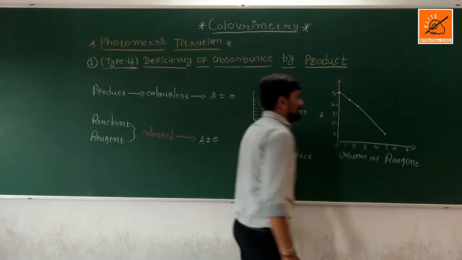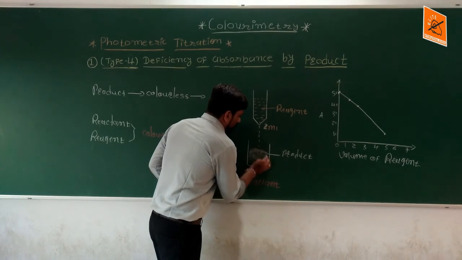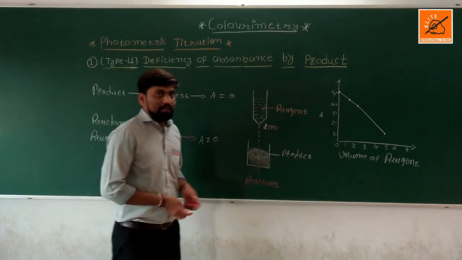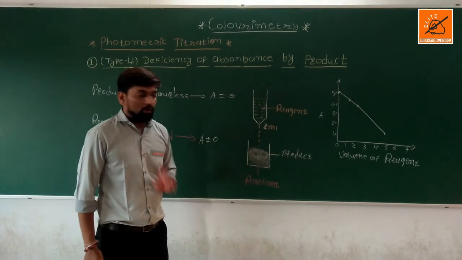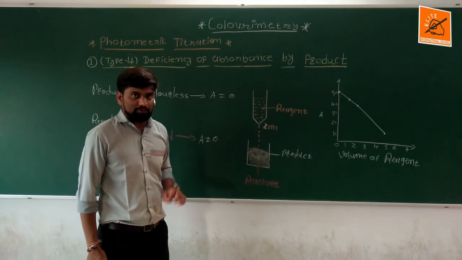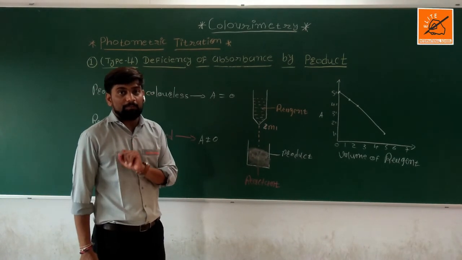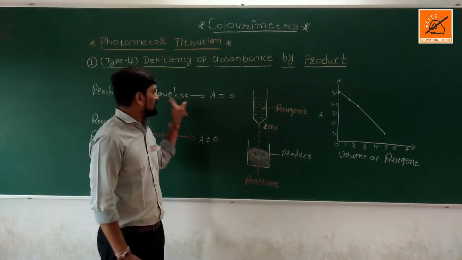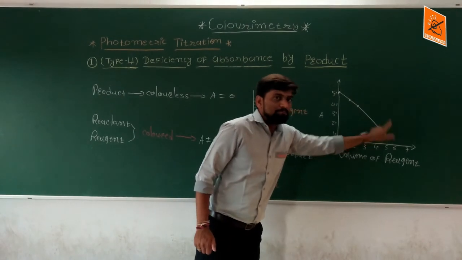At the end point, all colorless product is completely formed and reactants are no longer available in the flask. Because the product is a colorless compound, it gives the minimum absorbance value.